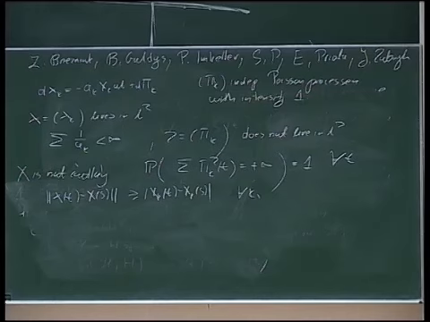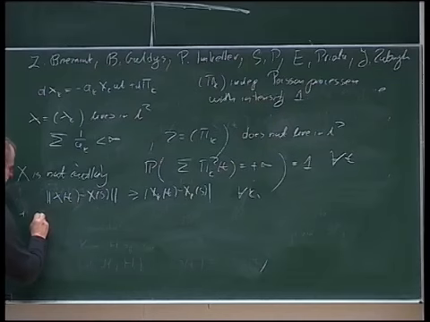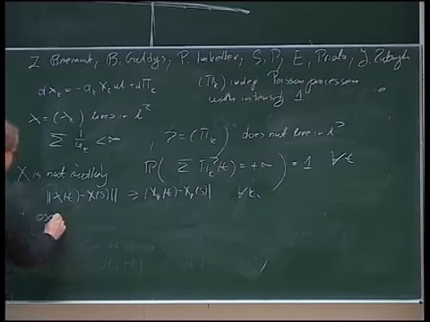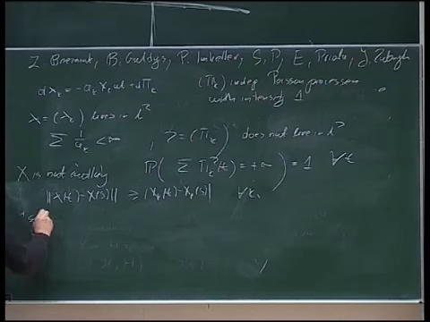So if we calculate the oscillation, it is something like the supremum over s from t minus delta to t.